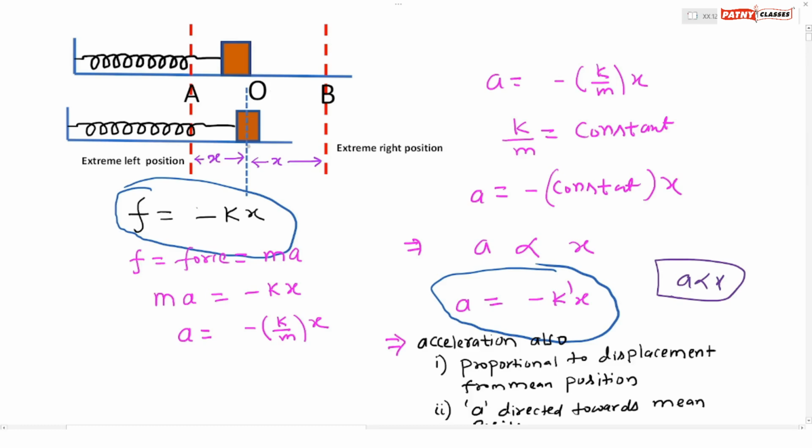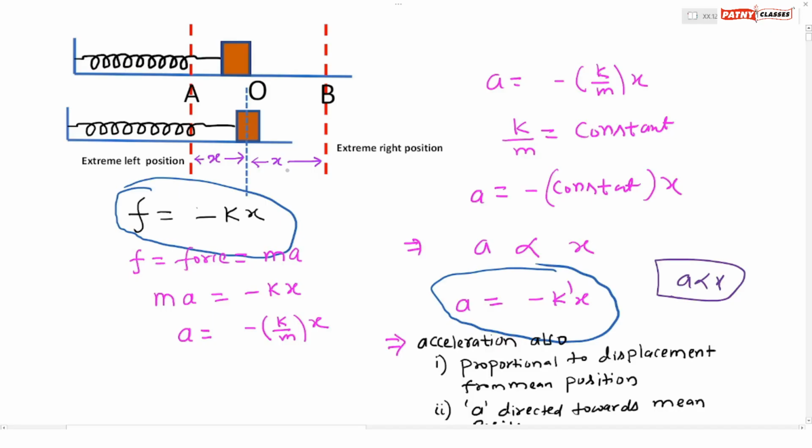Because the block is moving left to the point O and right to the point O. So it is covering equal distances in equal intervals of time. Therefore, the motion of the block is periodic motion. So we have the three pieces of information: F equals minus kx, a equals minus k dash x, and the periodic motion of the block.